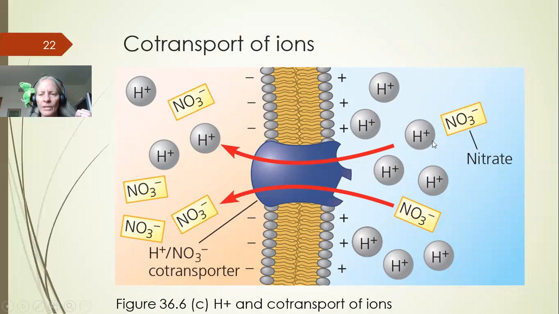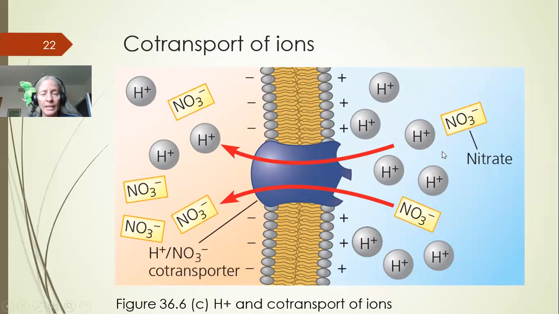And again, it is the hydrogen ions moving down their concentration gradient that are providing the energy to allow the nitrate to move against its concentration gradient. This is how roots absorb nitrates so that they can get nitrogen.